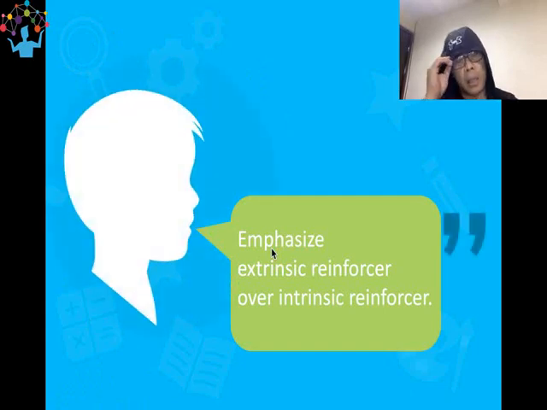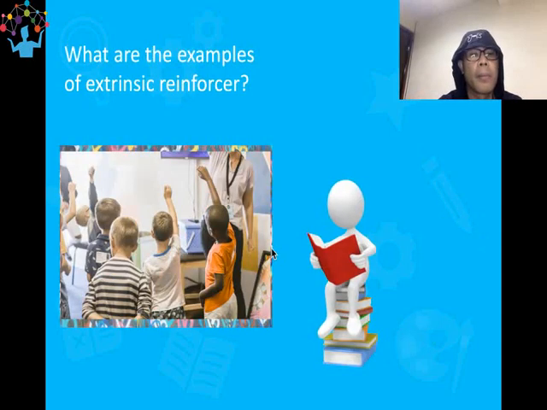Now, the next is to emphasize extrinsic reinforcer over intrinsic reinforcer. What are the examples of extrinsic reinforcer? We have lots of examples that we use in the class, for example, the smiley, saying good job, very good, excellent work, or giving some candies, some rewards.